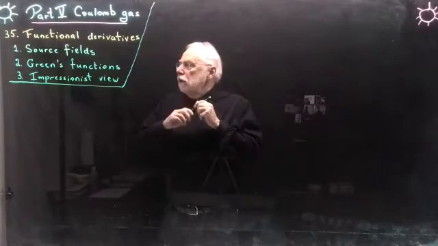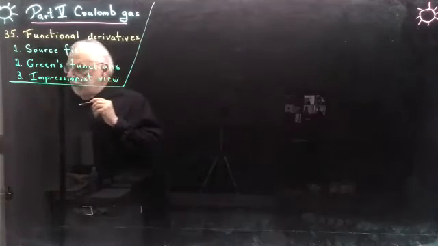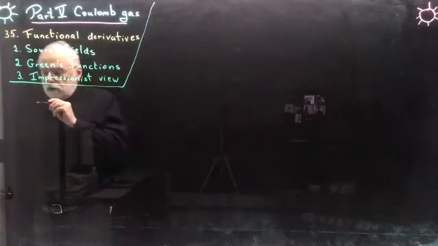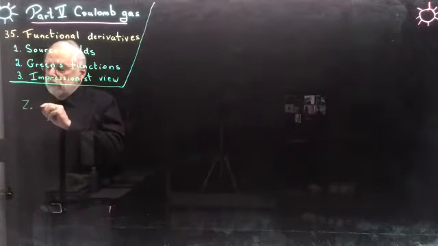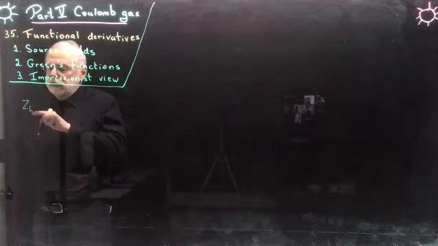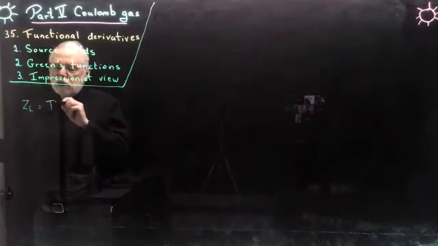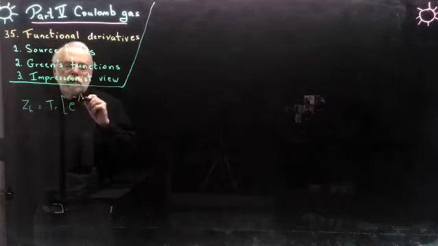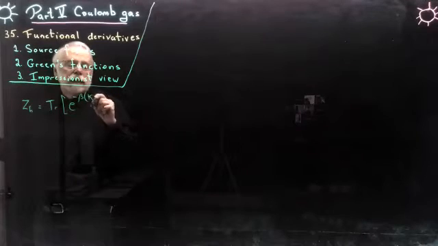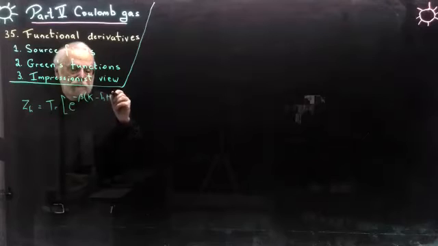Okay. So source fields, I start with the classical case. Let's compute the partition function in the presence of a magnetic field. That will be equal to a trace of e to the minus beta K, where K is H minus mu N minus hM.